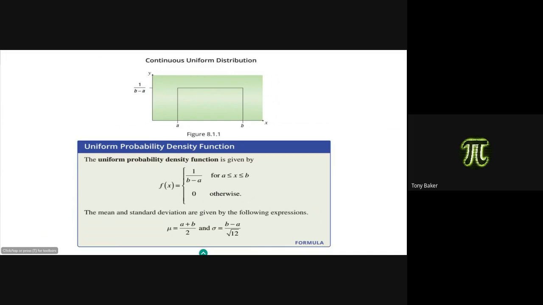So a uniform or continuous uniform distribution is where every possible option has the exact same probability. The probability is always going to be 1 over b minus a, whatever the two endpoints are.